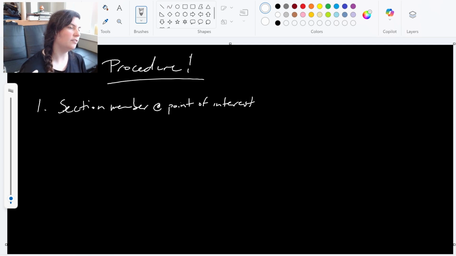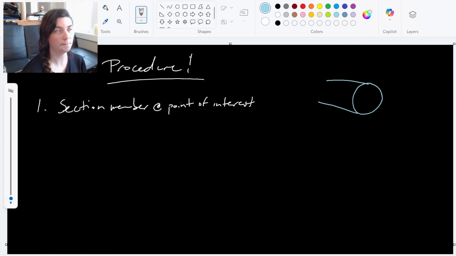So this is kind of a throwback to statics and internal forces, if we remember doing internal forces in 3D. If I have some member that I'm sectioning, we're going to be working in 3D a little bit more in this combined loading.